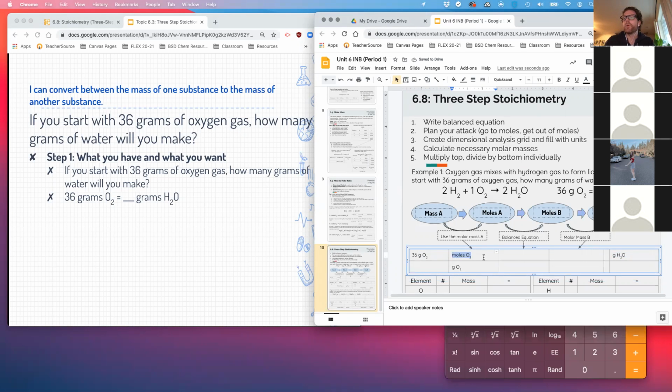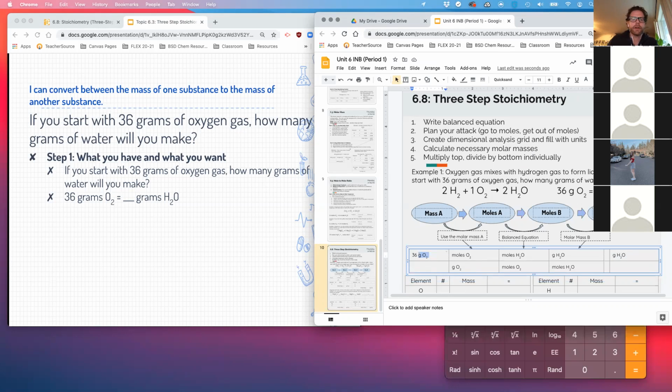Then once I have moles of oxygen gas, I can go from moles of oxygen to moles of H2O. Once I have moles of water, I can go to grams of water. So remember, whatever I start off with goes down below on the next one.